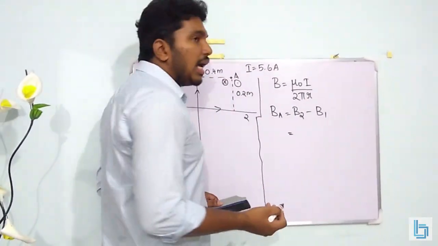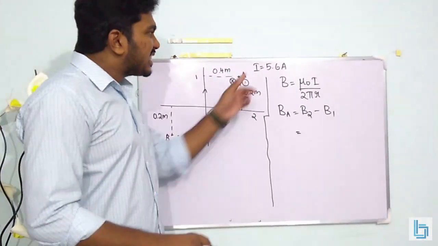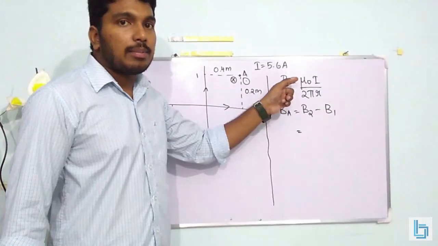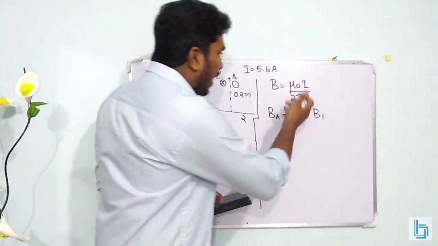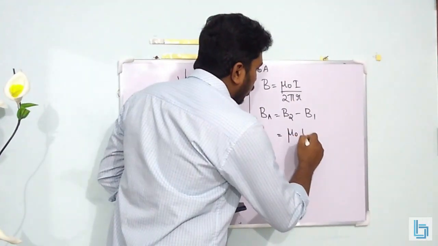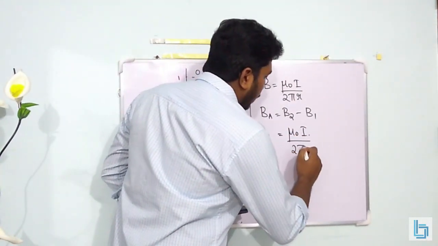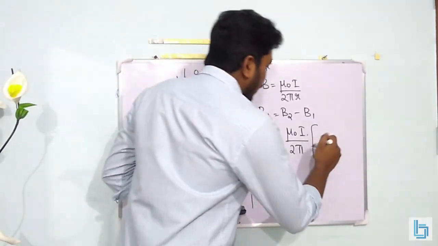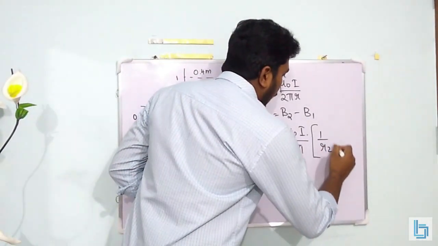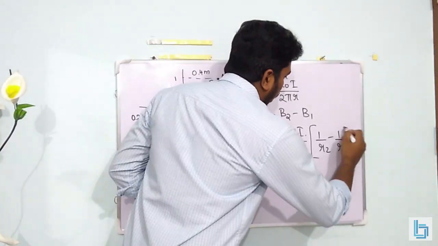Now substituting the values, we already know that the same current of 5.6 ampere is flowing through both the conductors, so I can be taken outside. So mu 0 into I by 2 pi, times 1 by R2 minus 1 by R1.